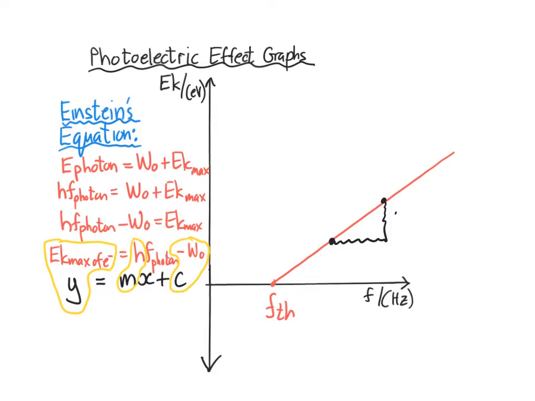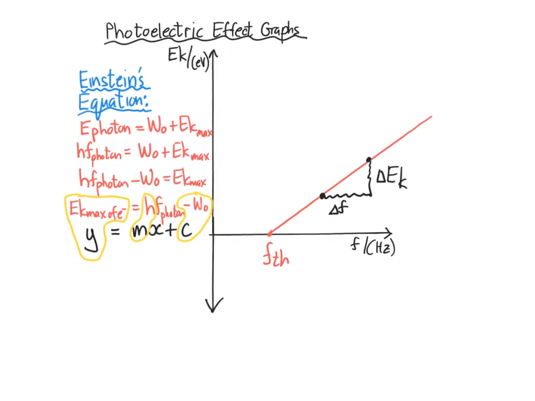So if we look at the change in kinetic energy on this graph versus the change in frequency, which would give us the gradient, then in actual fact, it gives us Planck's constant. So Planck's constant, h, would then be the change in kinetic energy over the change in frequency between 2 points on this graph, there and there.